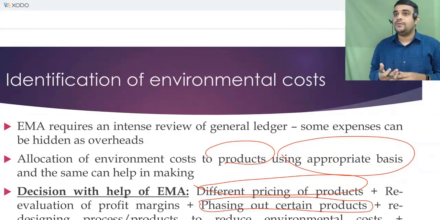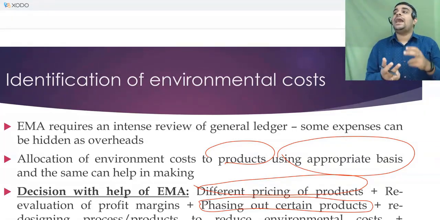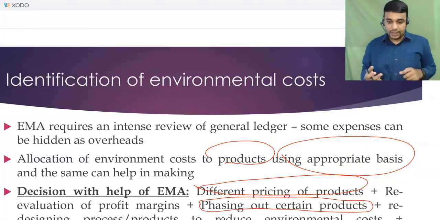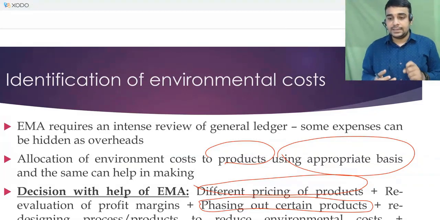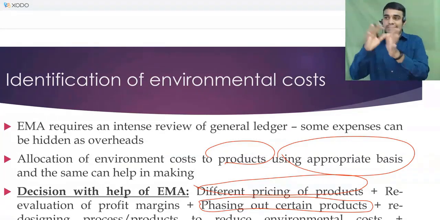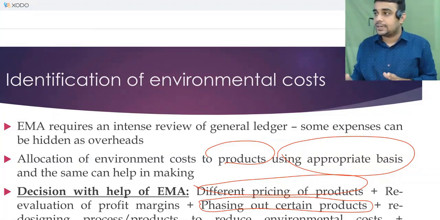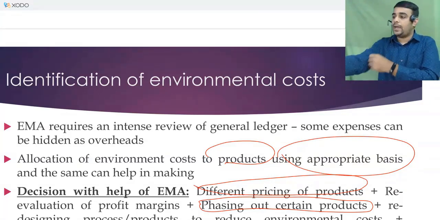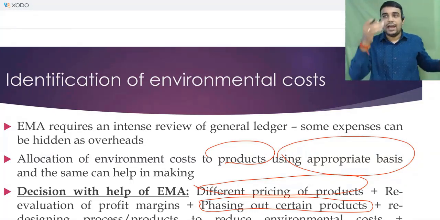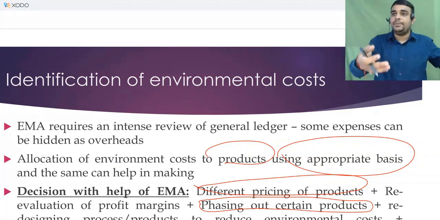When you take up certain investment decisions, for the investment decision analysis, for calculating NPV as well as IRR, you can use the concept of environmental management accounting. If you remember, we did one case study in the decision making chapter where the focus was on considering non-financial factors or ethical consideration. There was one case study where a project was to be taken up and there were certain labor related issues, and the land which was to be taken, you had bribed and taken that land.